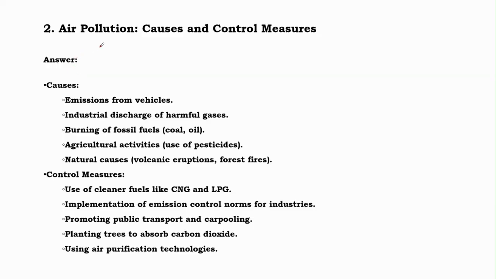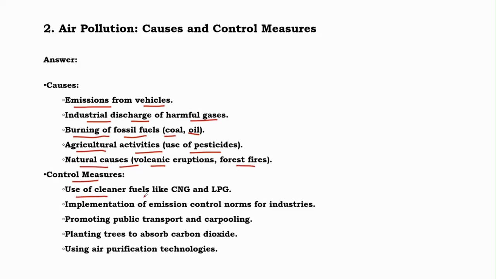Air pollution: causes of air pollution and their control. Emissions from vehicles, industrial discharge of harmful gases, burning of fossil fuels, coal and oil, agricultural activities, use of pesticides, natural causes like volcanic eruptions and forest fires.